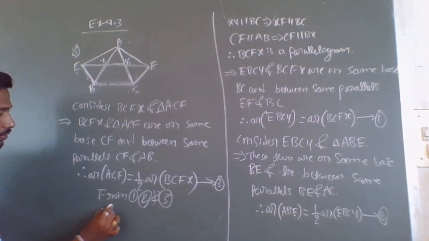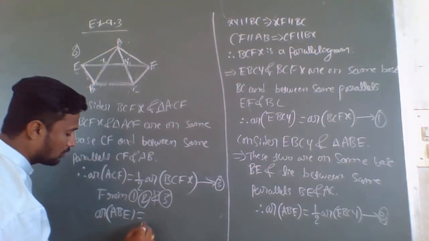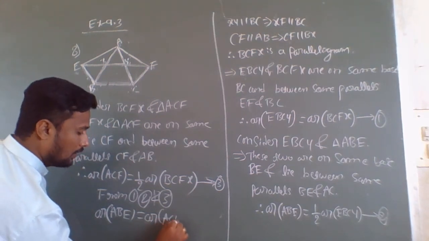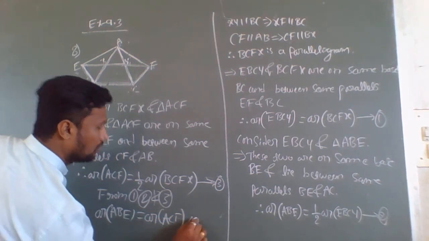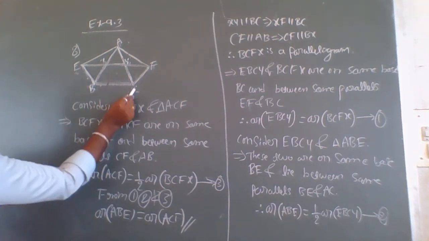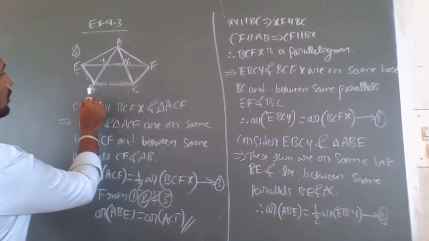Area of triangle ABE equals area of triangle ACF.